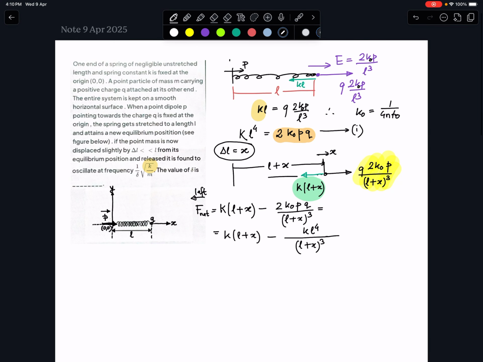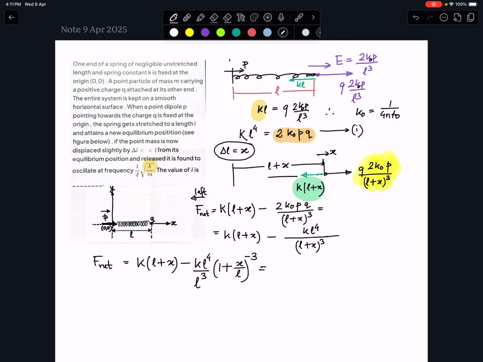So again I will write the net force F is K L plus X, let it remain, minus K L to the power 4. Now here I write L cube and 1 plus x by L to the power minus 3.